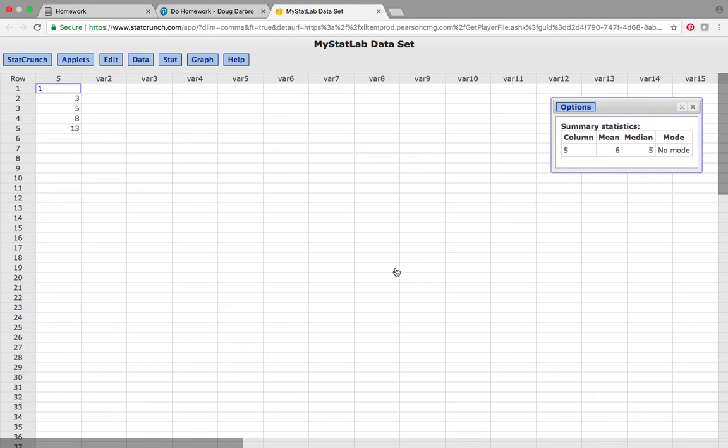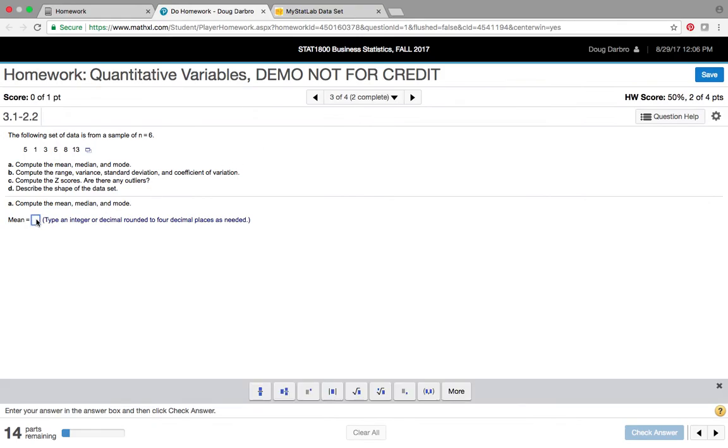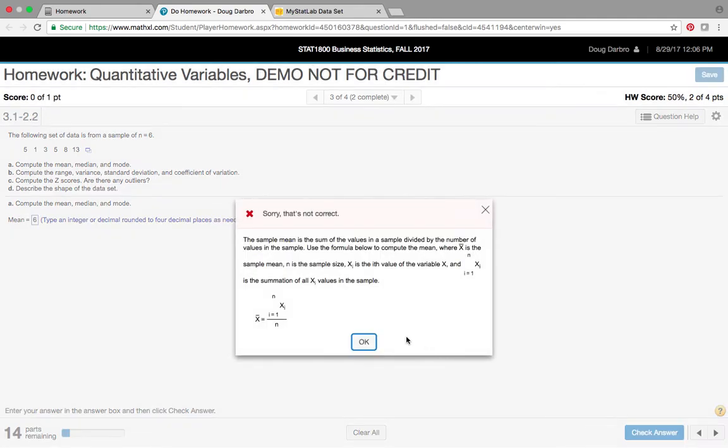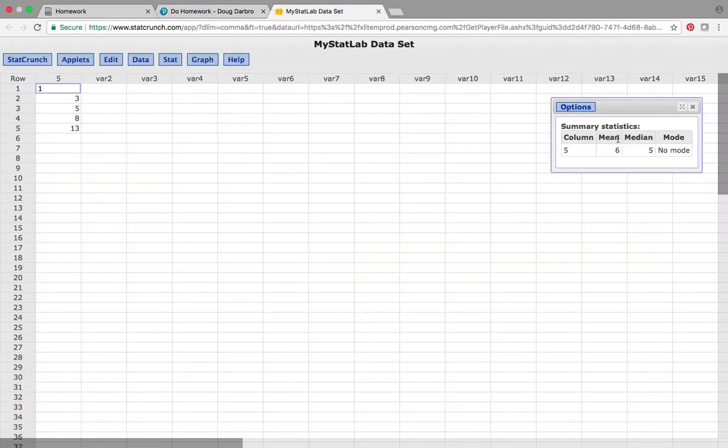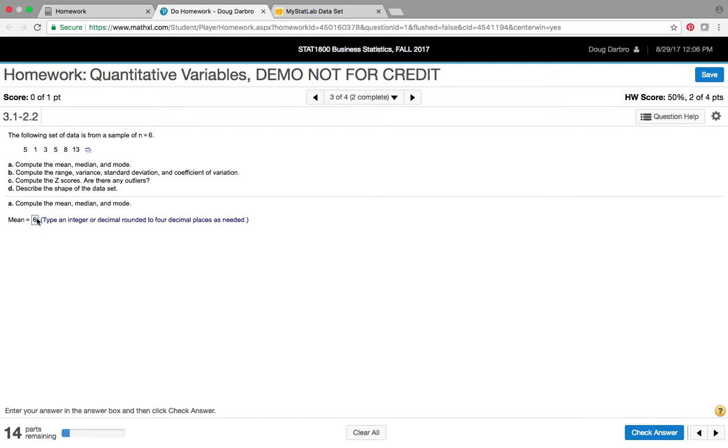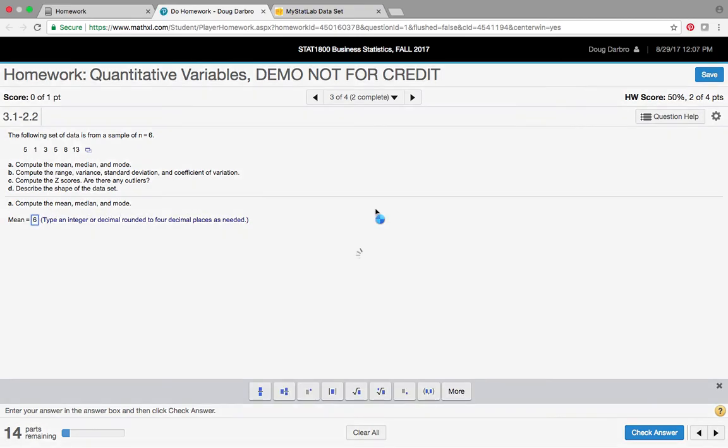So the mean is 6. The median is 5, and there's no mode. All right, so the mean is 6. Type is an integer or decimal rounded to 4 places as needed. Well, guys, did I get it wrong?